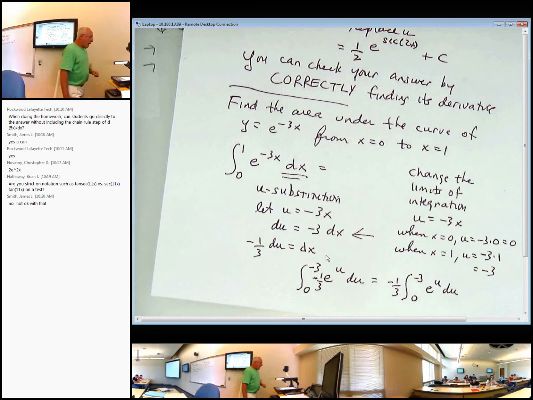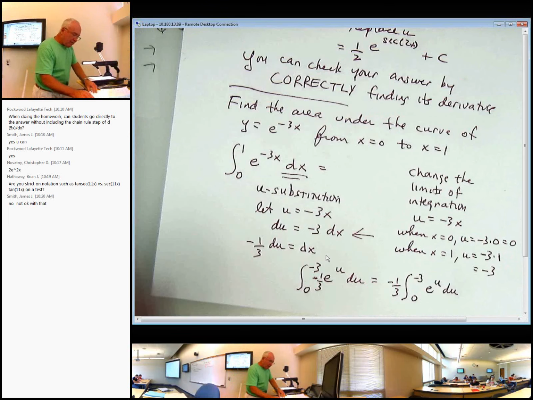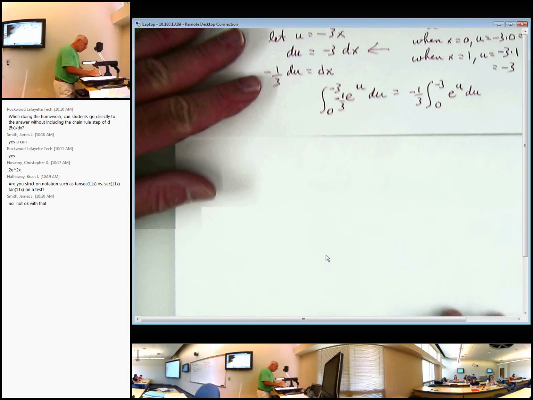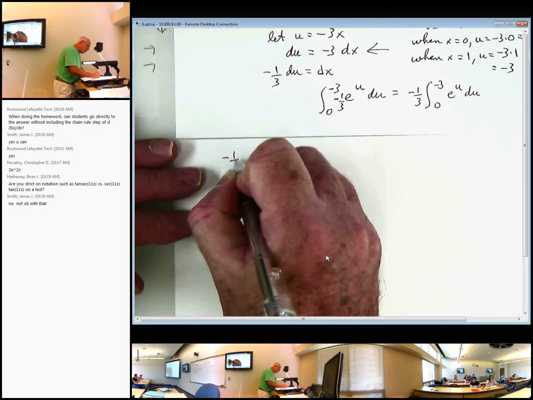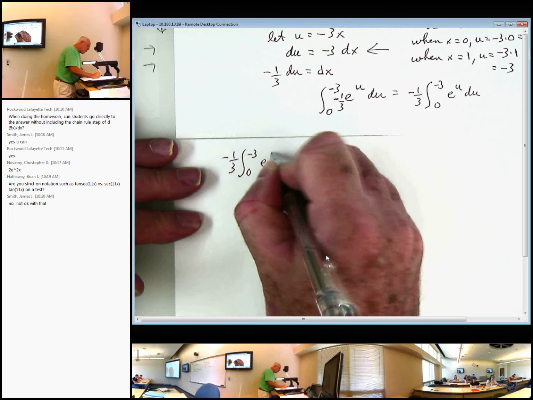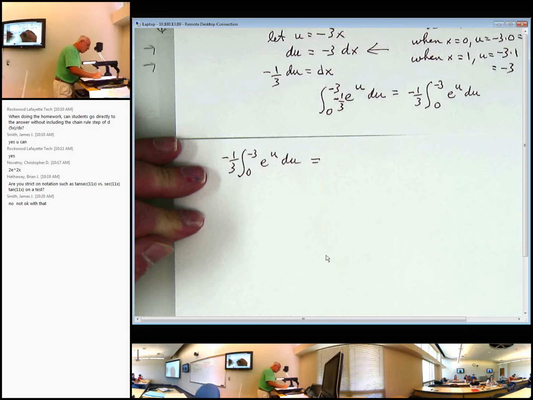Now, we know that if I've got a minus sign in front, I can get rid of it by flipping the limits. So let's go here on a new piece of paper. So -1/3 from 0 to -3 of e to the u du, I can write that as a positive 1/3.